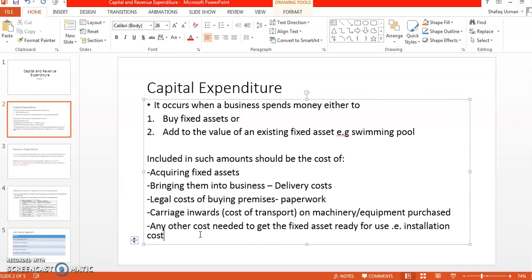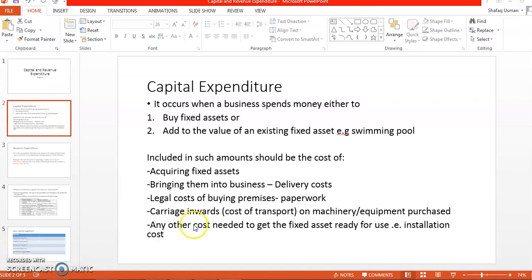When you order something new, for example, a washing machine or a television, a lot of times the companies say it's free of delivery. So it means the installation cost will be incurred by you, and it will be included in the cost of the fixed assets that you purchase.